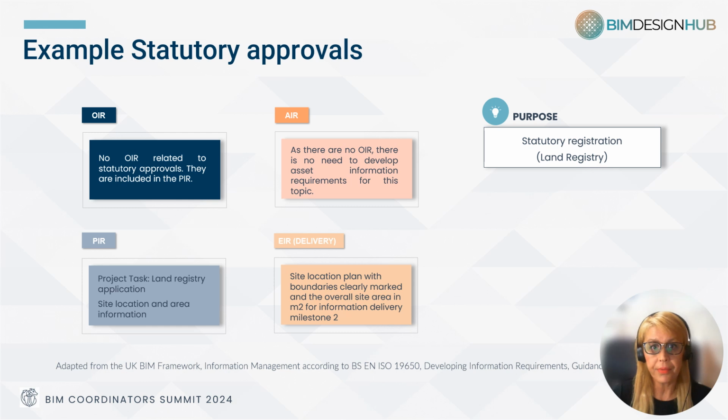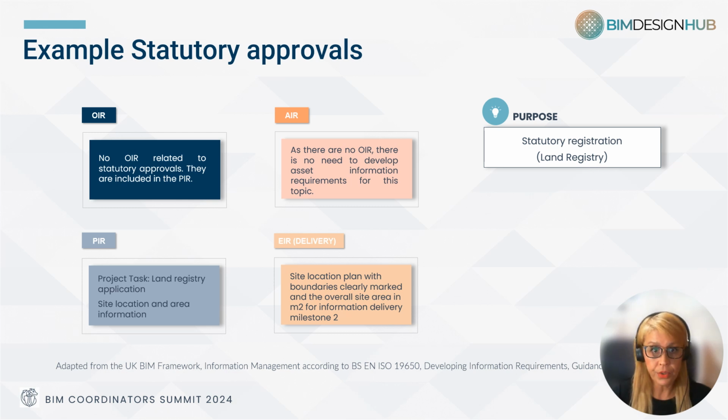An example of the development of the different types of information requirements is shown here. This example is adapted from the UK BIM Framework Guidance. The purpose is the statutory registration, land registry. There are no organizational or asset information requirements for statutory approvals.